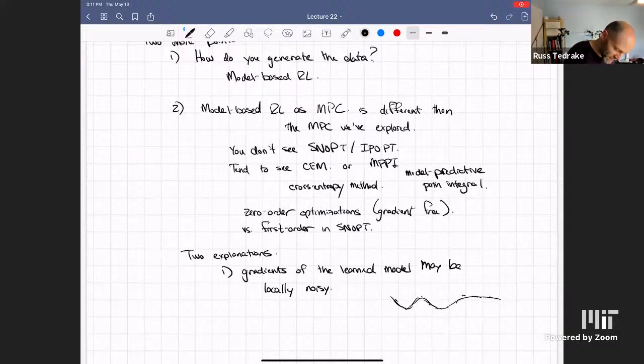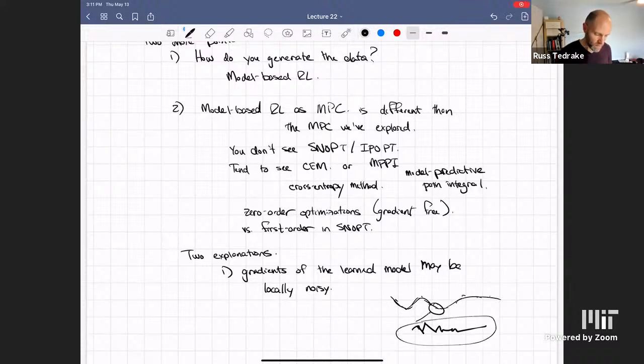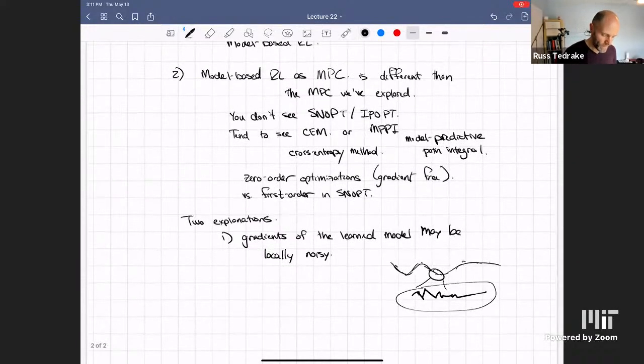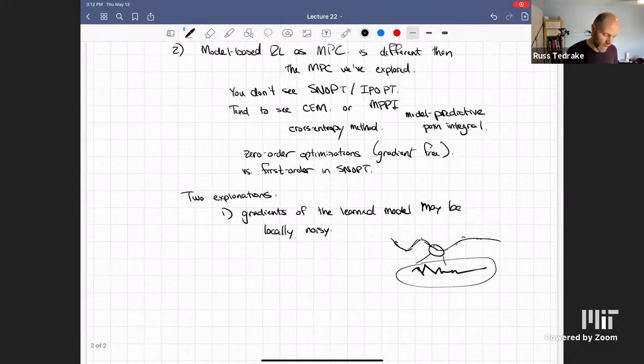But if I zoom in here, since we made them out of rectified linear units, it might be that a purely gradient-based approach has trouble with those little kinks in the optimization landscape. I think that is a reasonable hypothesis, and one that deserves more exploring. I think some people have looked at it, I'm sure, but I've never looked at it enough myself to be convinced that this is the problem. But it's a reasonable thing.